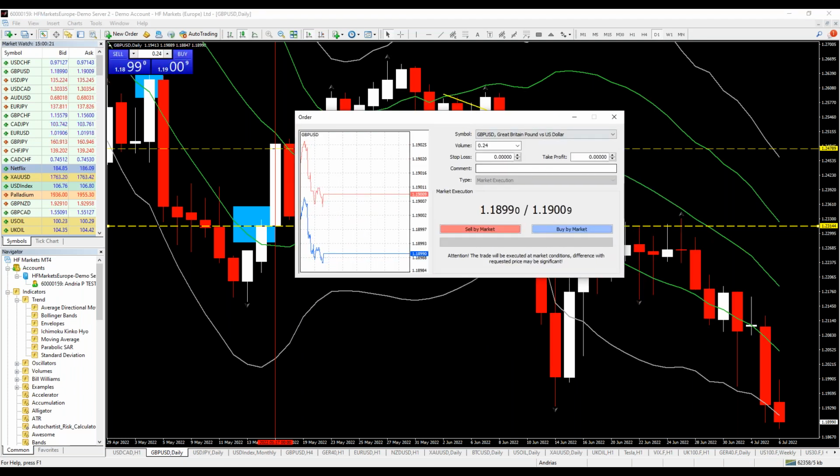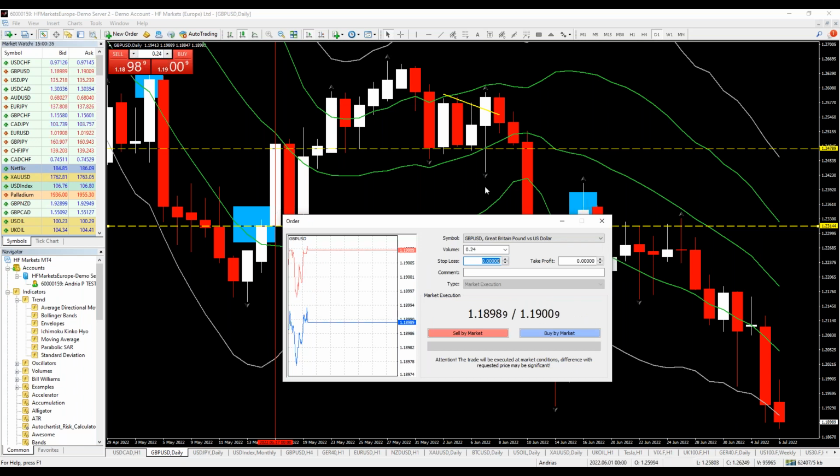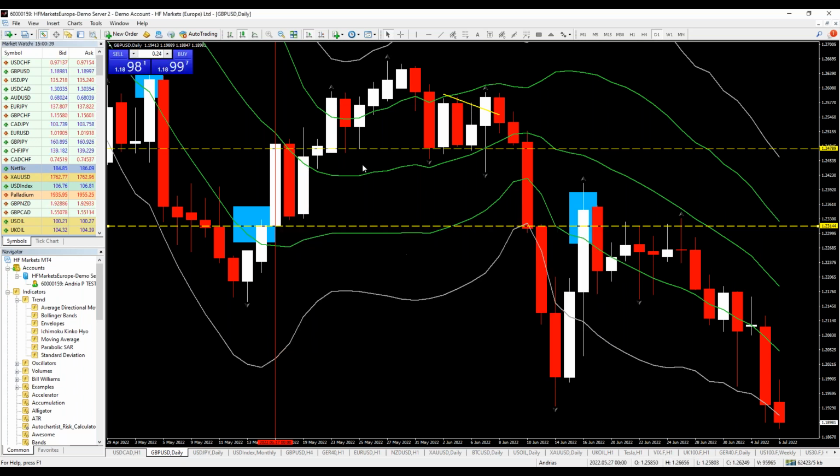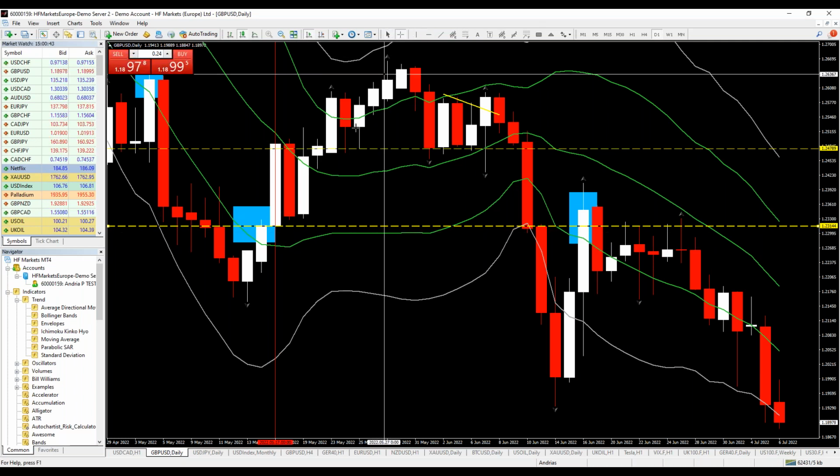So you see, over here, you will add only stop loss. You won't add take profit, okay? Or if you want to add take profit, you need to add the second target, not the first, okay? So the second target should be double the distance from the entry.